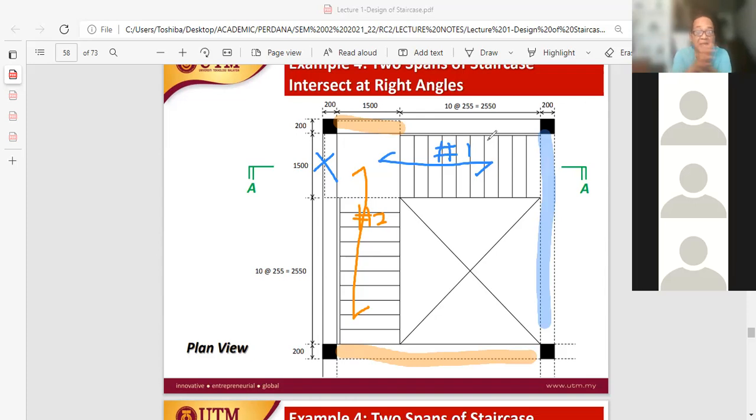It is the sort of question you might expect in your test number 1 later on. I don't know the date yet. I'm waiting for Dr. Izni to announce when the test will be conducted, because we will be conducting it similarly for all the 3 sections, at the same time. It is an open book test, and one of the questions in test number 1 will be on staircase.